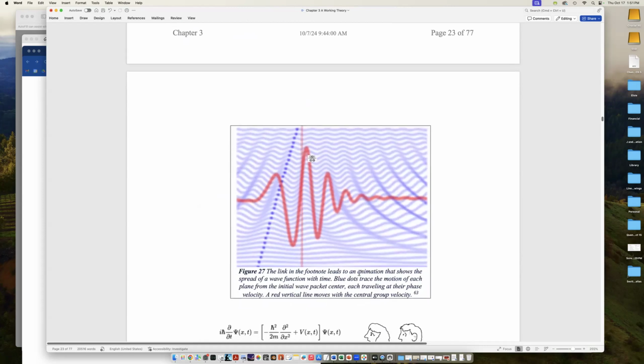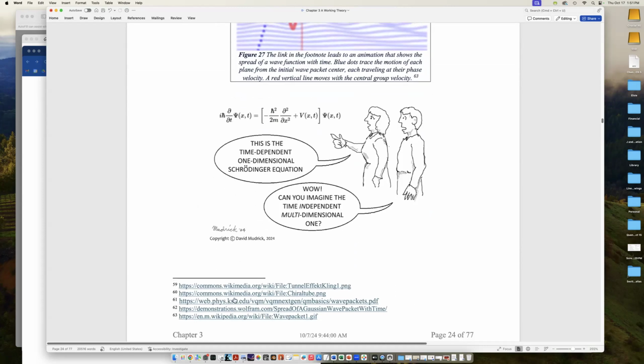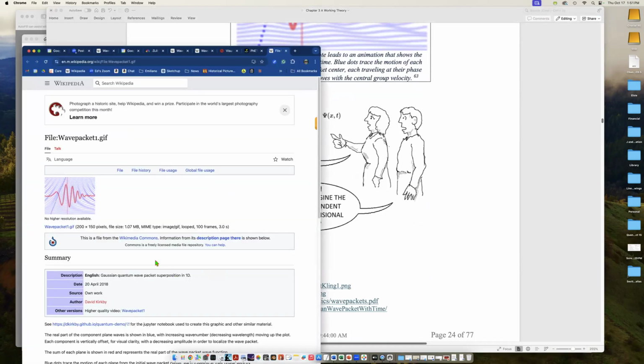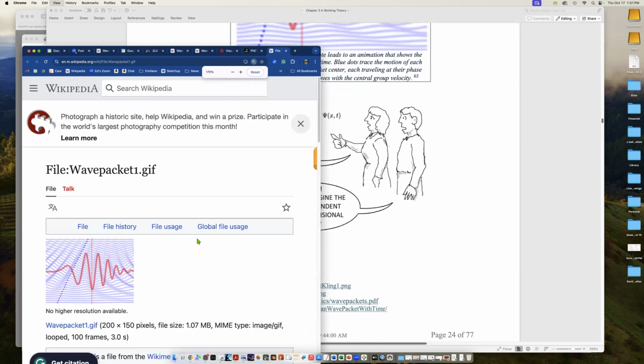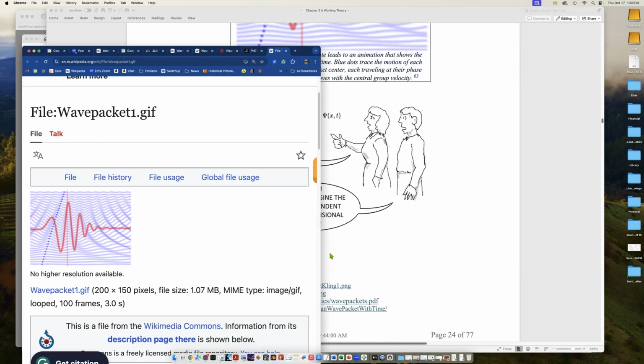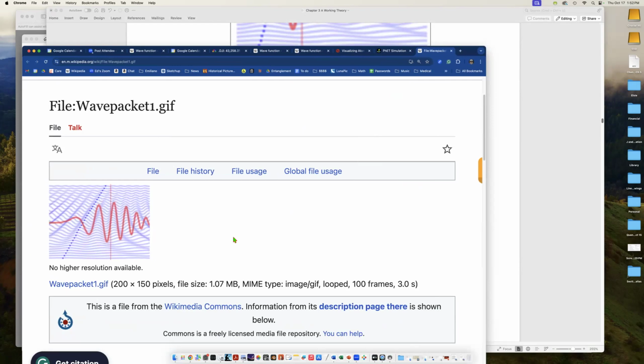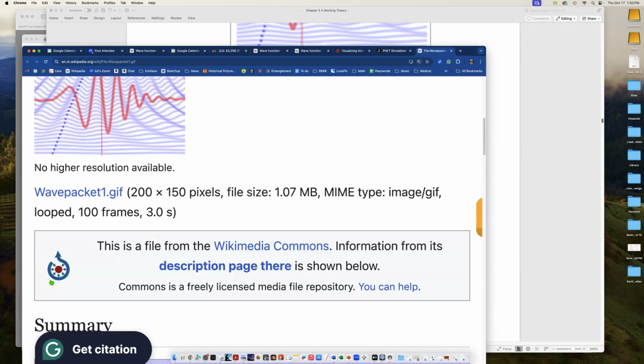Let's see, we're going to go to reference 63. So here's a depiction of, well, let me make this bigger. This is a depiction of the spreading of a wave function with time.